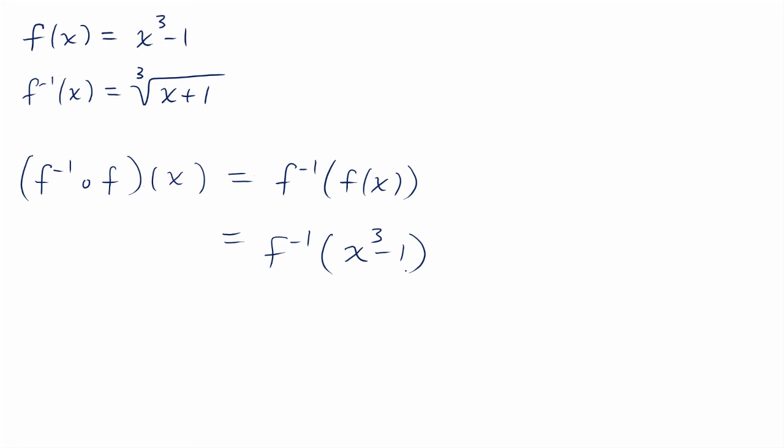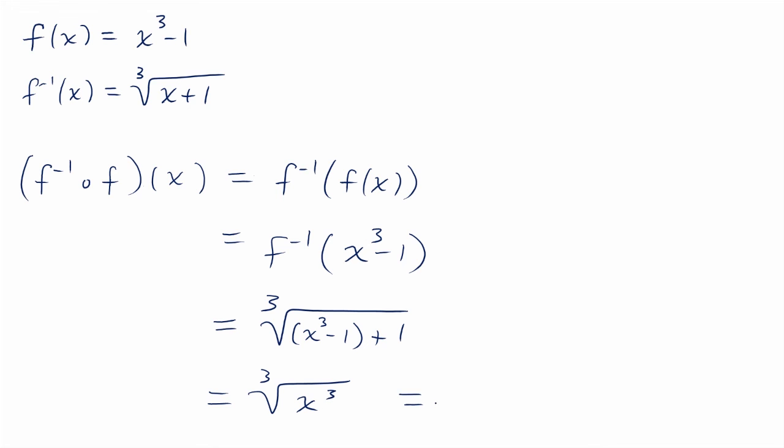Substituting x cubed minus 1 into f inverse gives us the cube root of the quantity x cubed minus 1 plus 1. This would then simplify to the cube root of x cubed, since minus 1 plus 1 cancels, and the cube root of x cubed is x. Therefore it verifies.